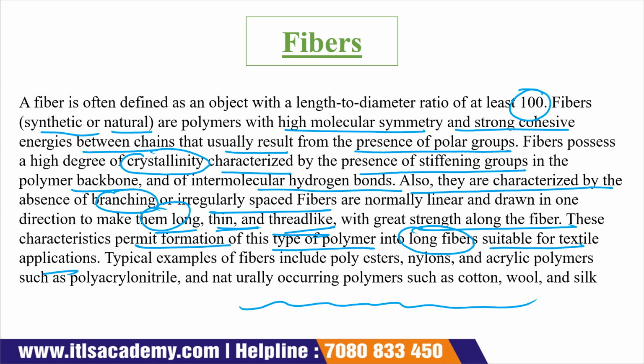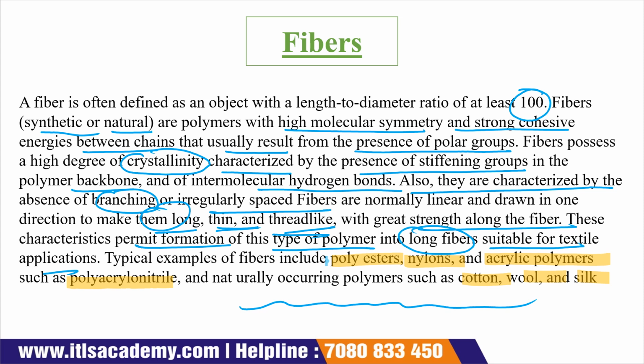These characteristics permit formation of this type of polymer into long fibers which are suitable for textile applications. Examples of these fibers are polyesters, nylons, acrylic polymers like polyacrylonitrile, and some naturally occurring polymers like cotton, wool, and silk.